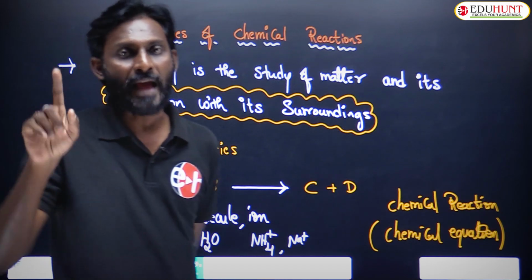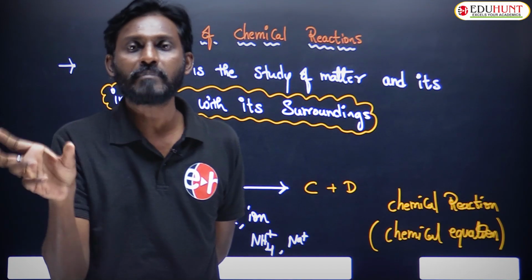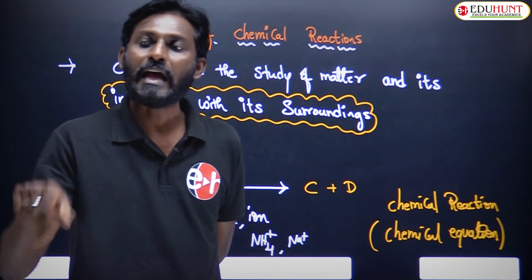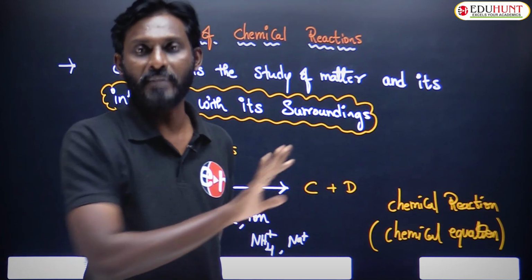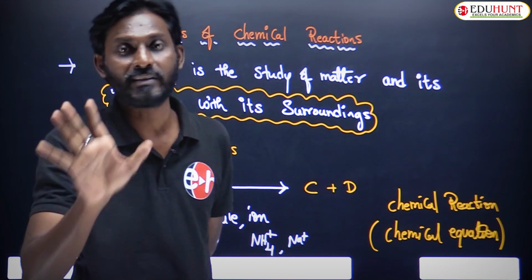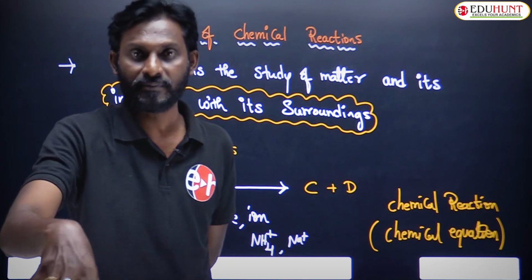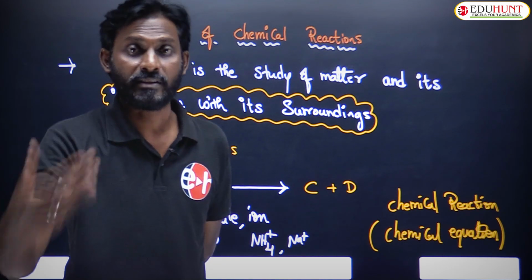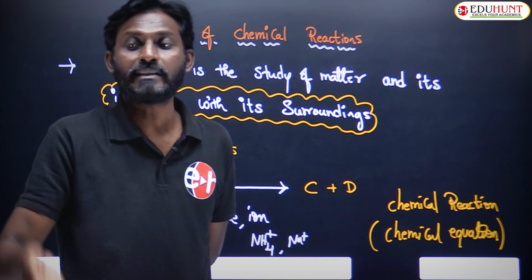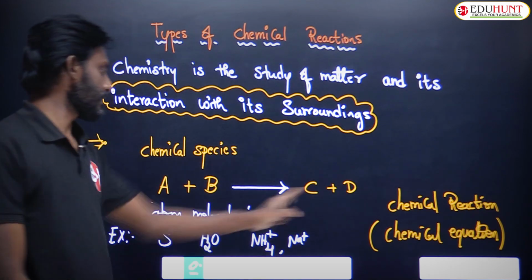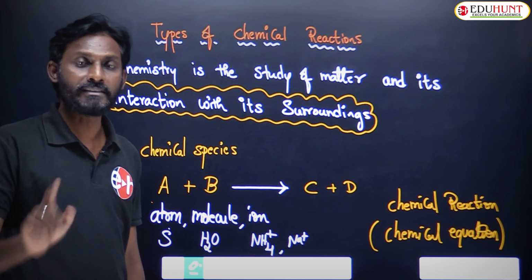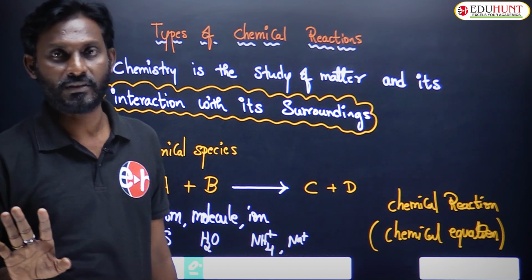When a particular matter interacts with other matter to give different matter, that is a chemical reaction that happens in real life. But when you represent that reaction on paper with symbols like this, that is called a chemical equation.